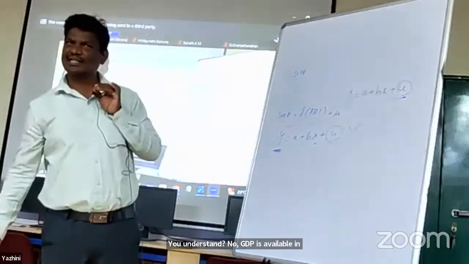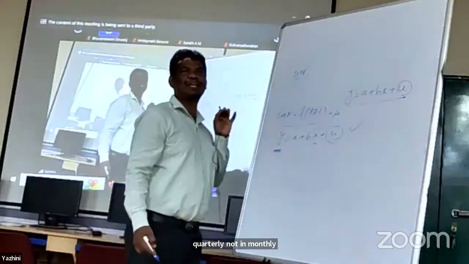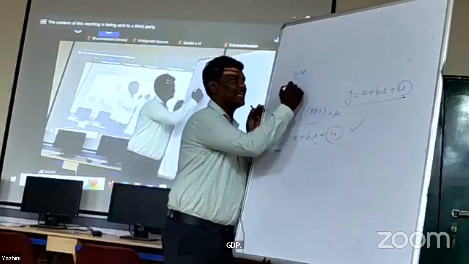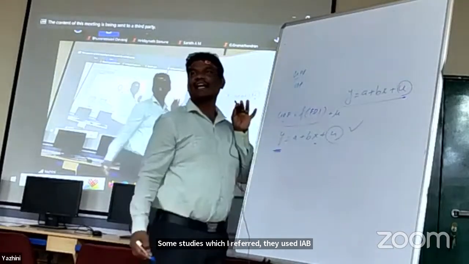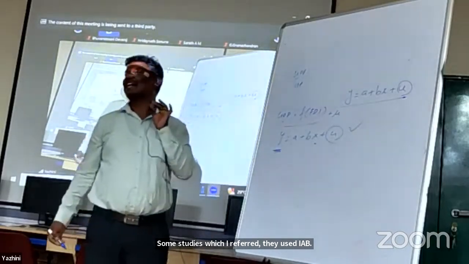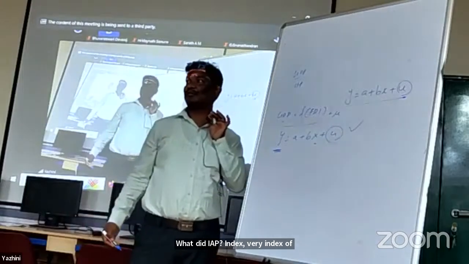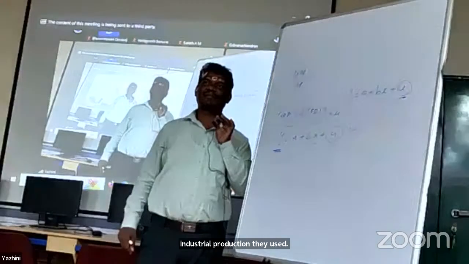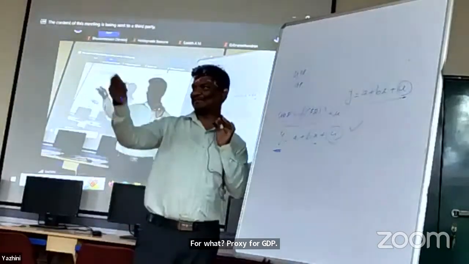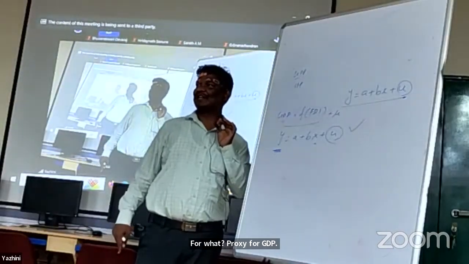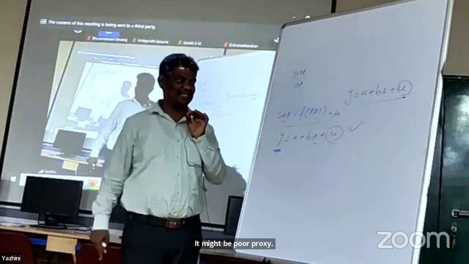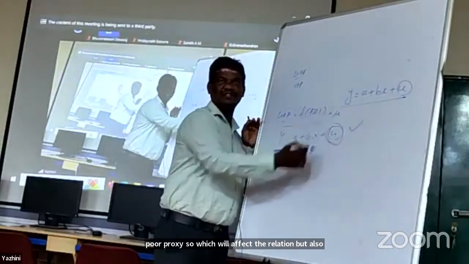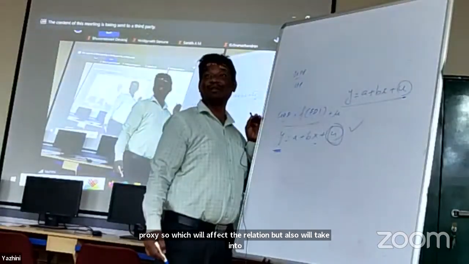Is there any proxy that is used for GDP? Some studies which I referred to used IIP. What is IIP? Index of industrial production. They used it as a proxy for GDP. It might be a poor proxy, which will affect the relation. That also has to be taken into consideration.